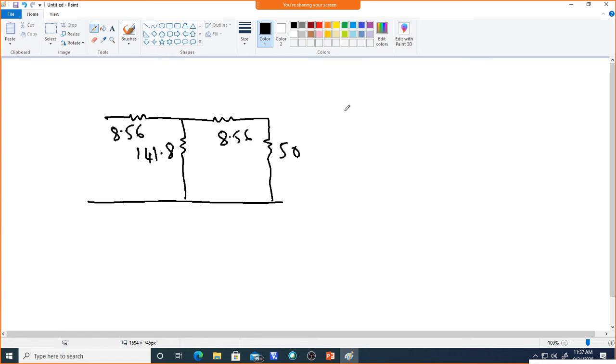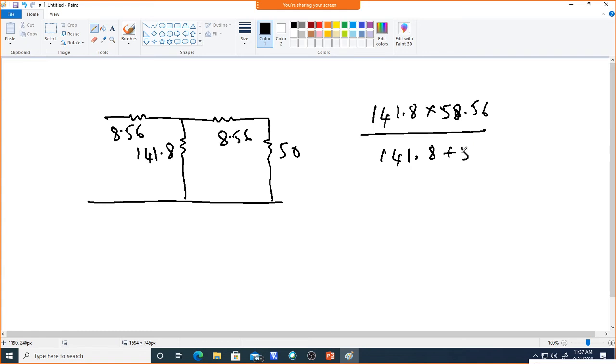Now if you calculate this, generally use R1 R2 by R1 plus R2, that is 141.8 into 58.56, divided by 141.8 plus 58.56. Now if you add this to 8.56, which is here, you will get the Zin value.